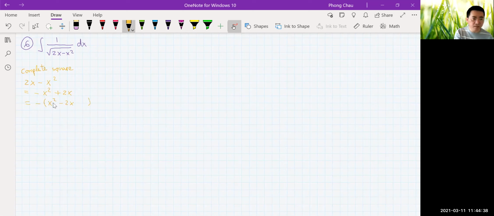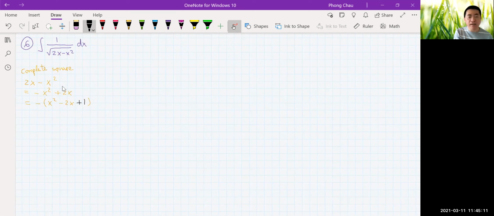So x squared minus 2x, with the negative taken out. Here is the magic number that we need to add to make it a perfect square. The way we do it is to take half of this, which is -1, and square it, which is +1. So I add 1 inside the parentheses. If you multiply that out, it becomes negative x squared plus 2x minus 1.